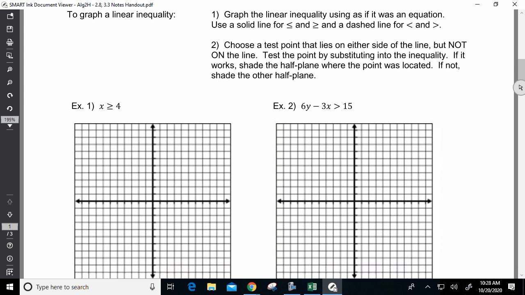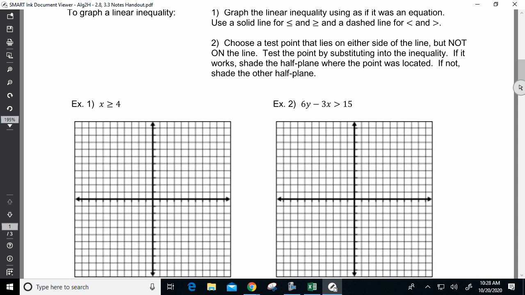Let's start by graphing a single inequality. So to graph a linear inequality, graph it as if it was an equation. Use a solid line for less than or equal to, greater than or equal to, dashed line for less than and greater than. Since we're graphing, our primary focuses will either be on x equals a number, which, remember, is a vertical line.